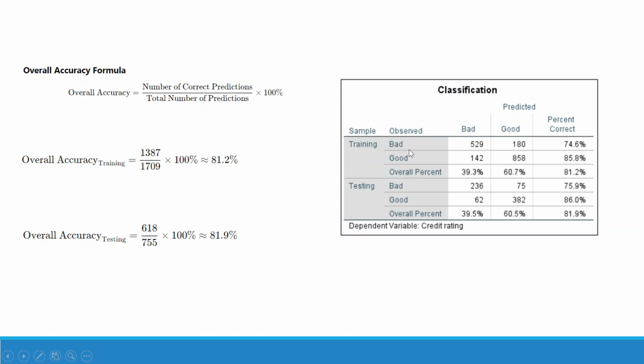The customer had a bad credit rating, but the prediction done by the model was good credit rating. So 180 such cases are there. So 142 plus 180 are misclassification in the model, also known as leakage in the model. This is to be minimized. Similarly, in the testing data set, 62 plus 75 is misclassification in the model.